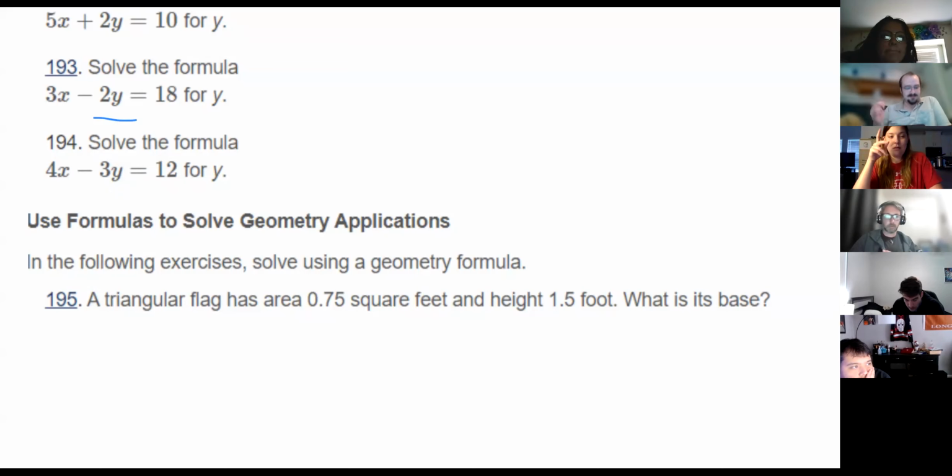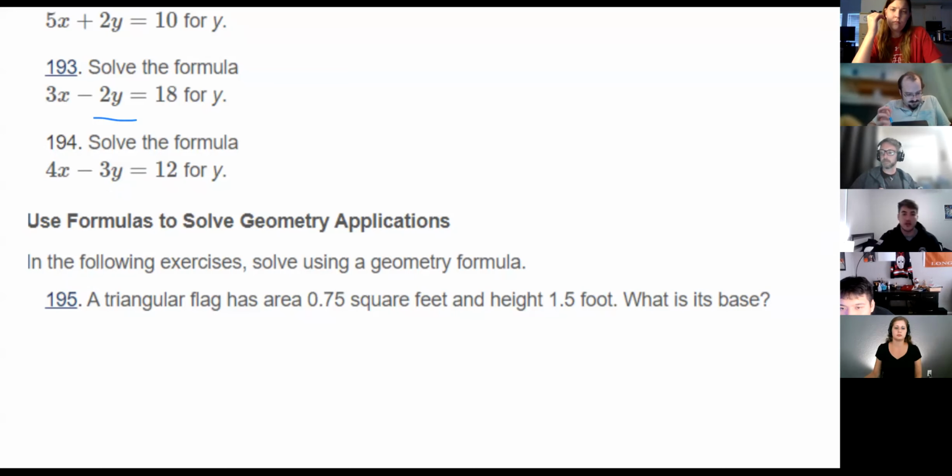Did anybody get this? What's the first thing I want to move? All right, so what's the first thing moved? Use the formula for area of a triangle. We're talking about 195, right? Or 193 first. 193. Oh, my bad.